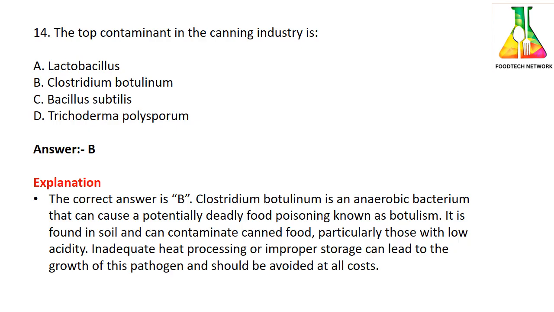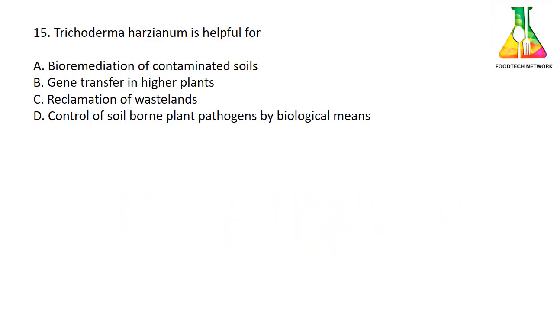It is an anaerobic bacterium that can cause a potentially deadly food poisoning known as botulism, and it is also found in soil and can contaminate the canned product, particularly those with low acidity. Inadequate heat processing or improper storage can lead to the growth of this pathogen, and it should be avoided at all cost.